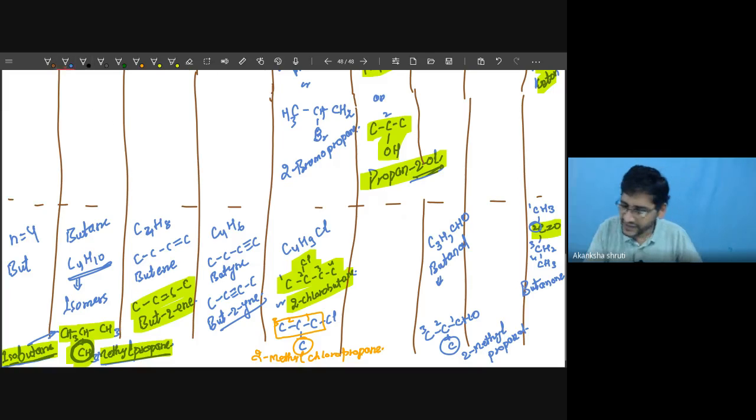This number 2 indicates the position and gives a better expression, butan-2-one. This is the complete name for this structure.